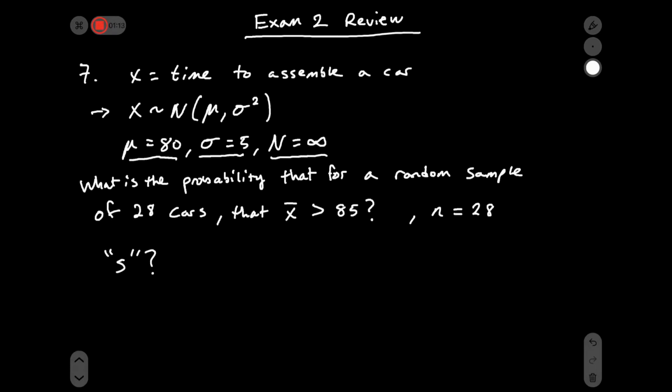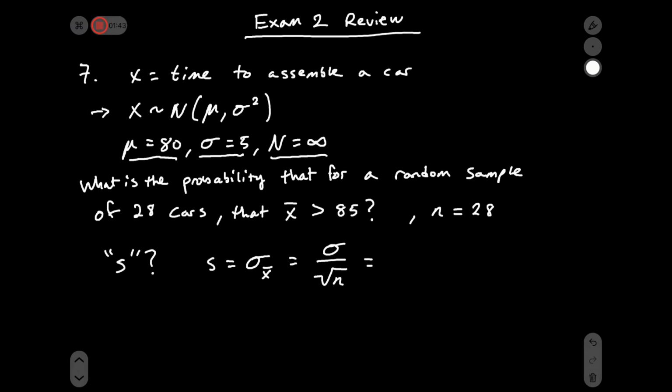And in this case, we can estimate it. We're using a formula for S, or sometimes what you might see as the standard deviation for x bar. And this is found in chapter 7. This is equation 7.3 on page 320. This is equal to the population standard deviation divided by the square root of the sample size.